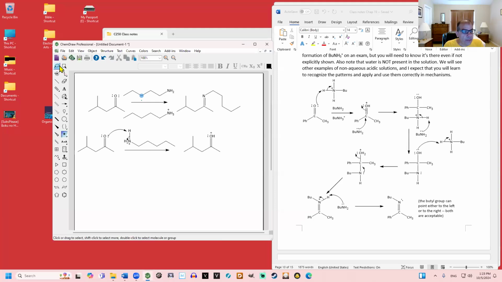So we get this intermediate. That intermediate looks exactly like this intermediate. It's a protonated carbonyl. It's at this point that we have nucleophilic attack of the primary amine. The exact same thing is going to happen here. It's just a different primary amine.